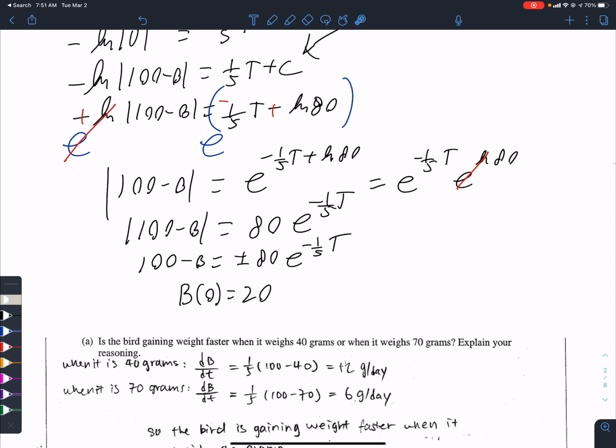Well, if I put a 0 here, e to the 0 is 1, and I put a 20 here, obviously which one do I need, the positive or the negative? Well, it equals positive 20. So positive 20 here, 100 minus 20 is positive 80. I need the positive. Therefore, b of t is 100 plus 80 e to the negative 1/5t.